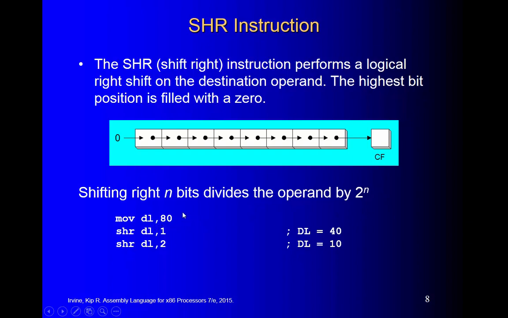If we copy 80 into DL and we shift right 1 bit location, we get 40. If we shift right 2 bit locations, continuing from here, we're going to get 10, because if we shift 40 once, we get 20. If we shift 20 again, we get 10.